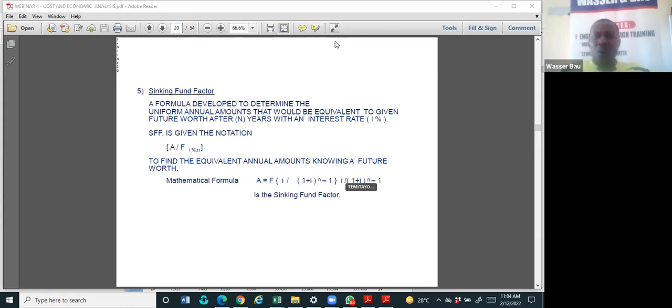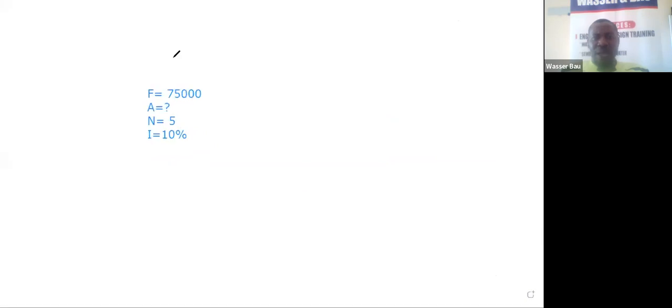When I get the factor, I will simply multiply it with the future value, and my answer will pop up. So if I want to put this down in a mathematical way, I'm looking for A, the annuity. So the annuity will be F multiplied by (A/F, i%, n).